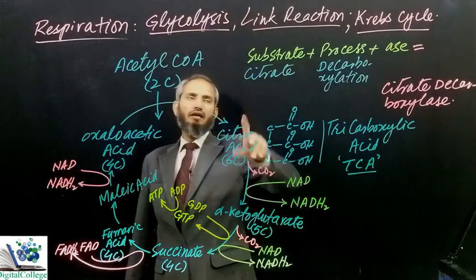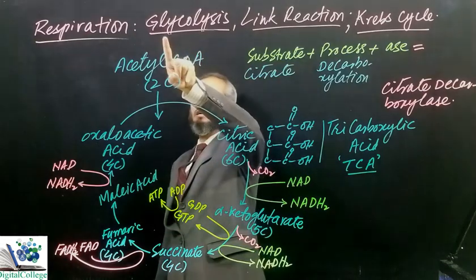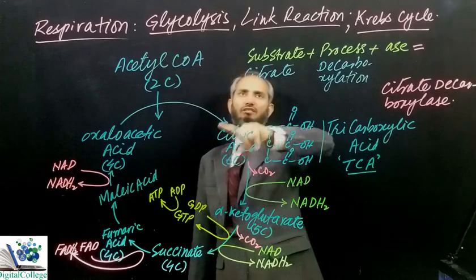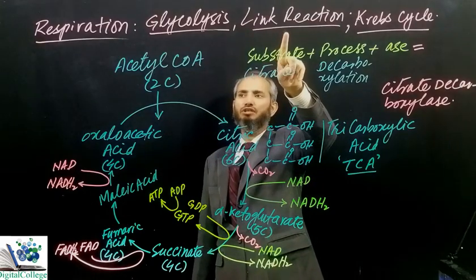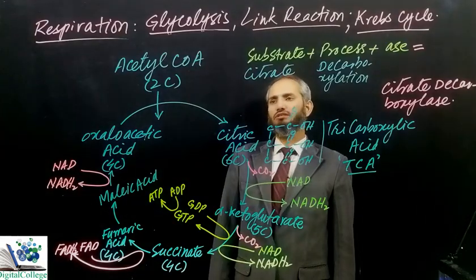Now, once again we will balance this equation. If we are starting once again from glucose, during glycolysis we got 2 pyruvate. 2 pyruvate were changed into 2 acetyl coenzyme A by the link reaction or by the oxidation of pyruvate.